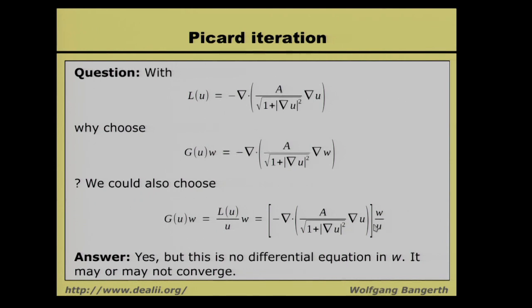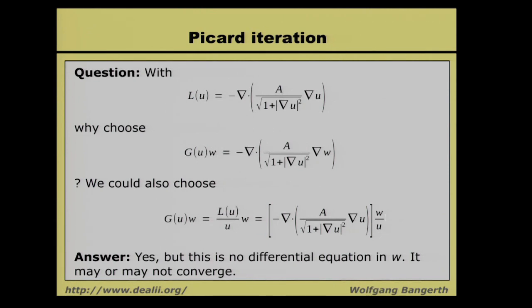And if you think about this, whether this equation has a solution or not is not quite so clear, because this is just a function of x. If I give you u, you can compute this whole term, it's a function of x. So I'm going to have a problem if I say G(u_k) times u_{k+1} equals f, where the solution u_{k+1} I can essentially determine at every single location.